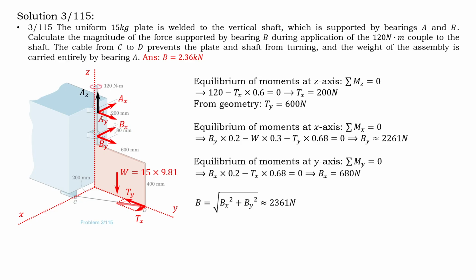So let us write down the equations. So 120 Newton meter, equilibrium of moments. We want to find summation of MZ, MX, and MY. We know that it is equal to 0.